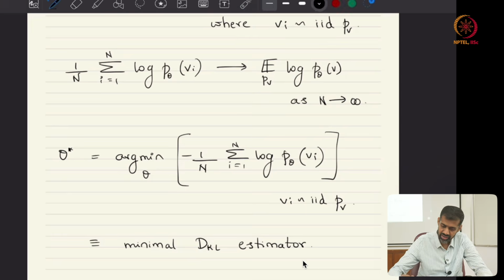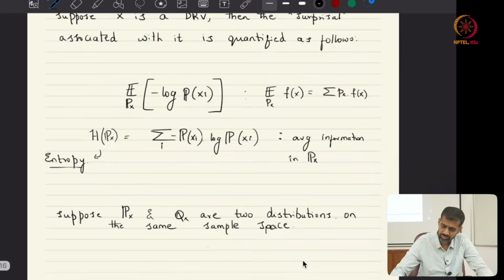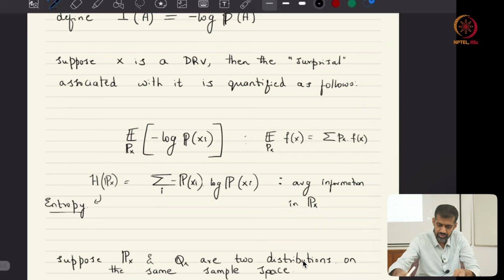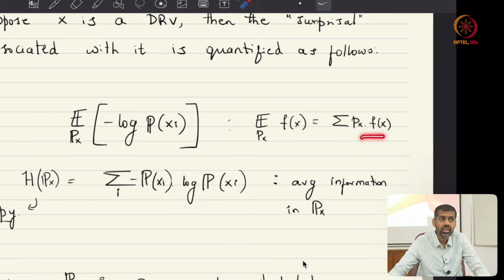Maybe I'll write it here. So look at this. There is a law called the law of the unconscious statistician, or LOTUS. Now suppose x is a random variable and f of x is a function of a random variable. Always, the function of a random variable will have a different distribution compared to the original random variable.